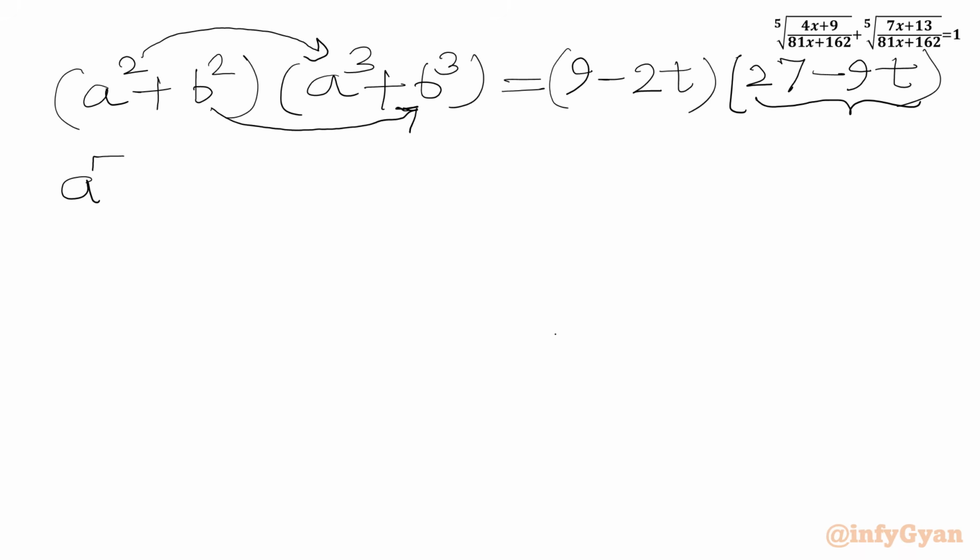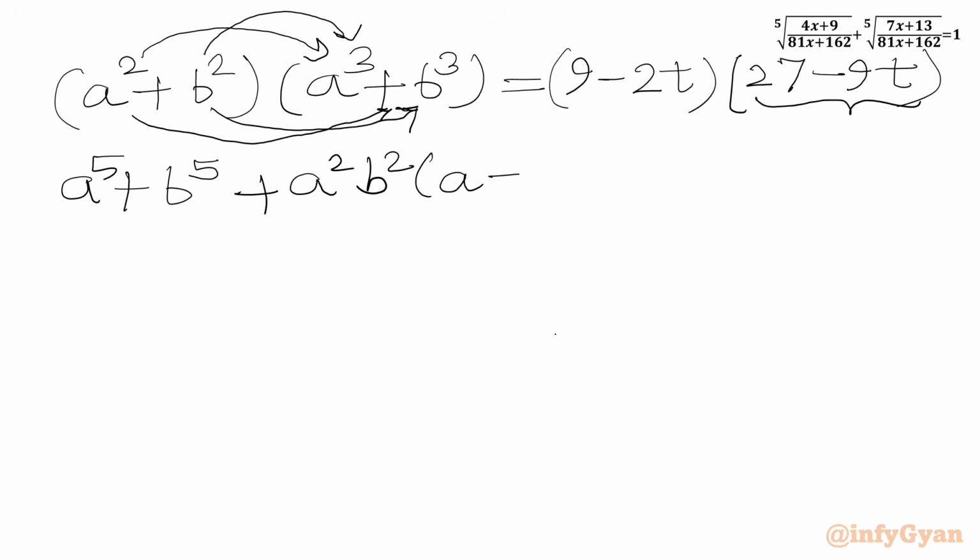Let's write a power 5 plus b power 5. Now cross product terms, b square with a cube, b square a cube, and then a square times b cube will become a square b cube. I will take a square b square common. So in the bracket we can get a plus b. In right hand side we'll write 9 minus 2t times 3 is common, 9 minus 3t.